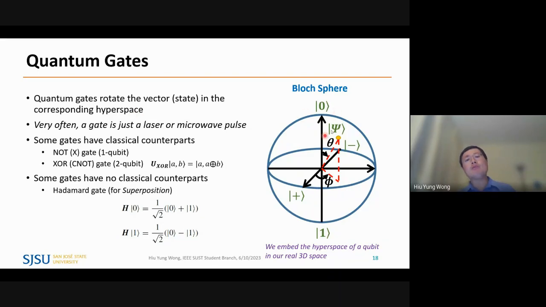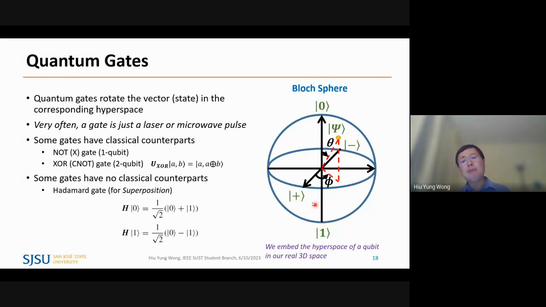But very often we map it to the so-called Bloch sphere. We embed it in 3D space, but it does not really reside in 3D space. Before we really understand it, just take it for granted. We say each state resides on the Bloch sphere. When it is 0, it's at the north pole. When it is 1, it's at the south pole.